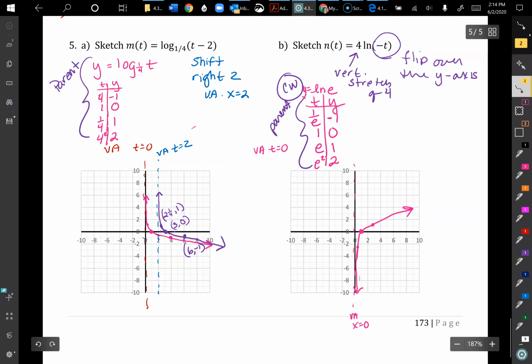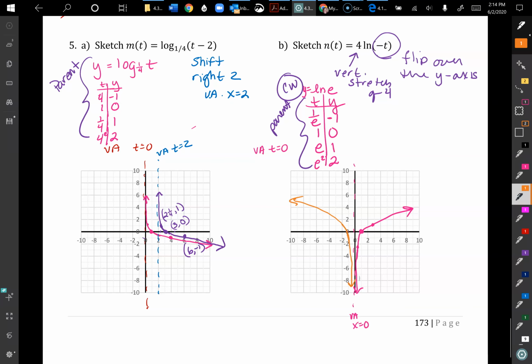That means all our x's are going to come over to the other side here, so it's just going to reflect this way. Just flip over the y-axis, and I'm just sketching here, so it's not perfect, but that's okay.